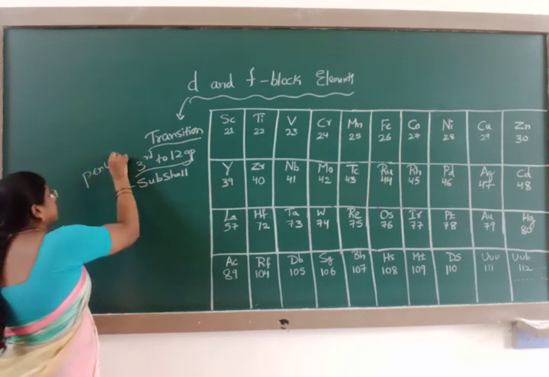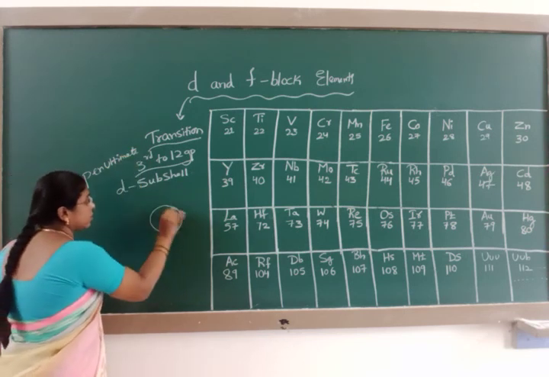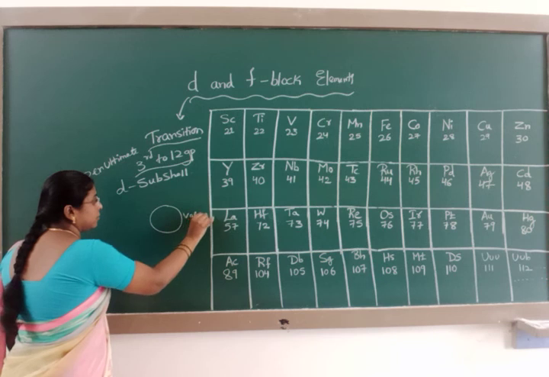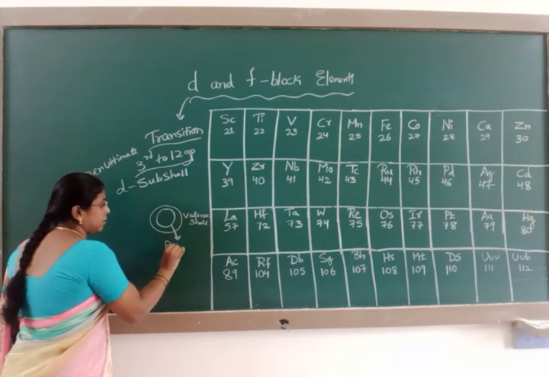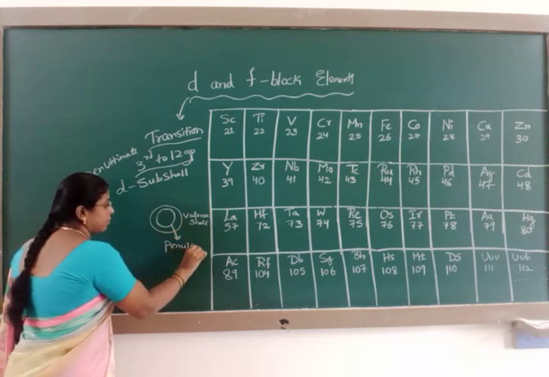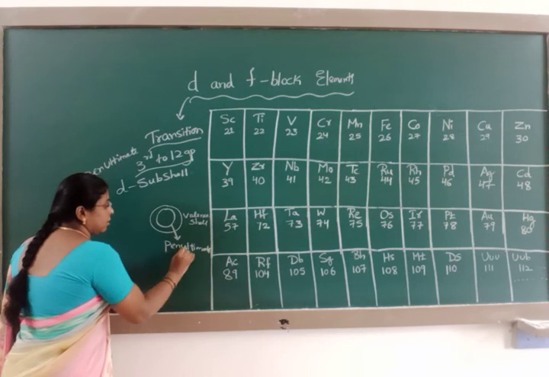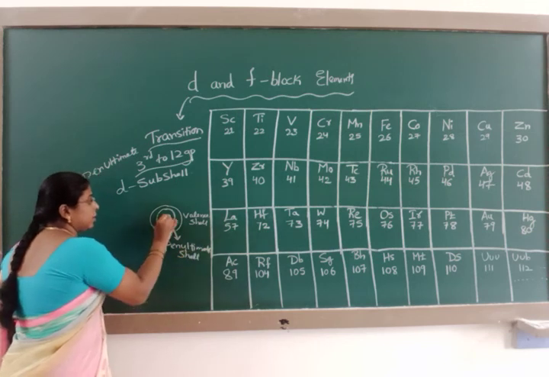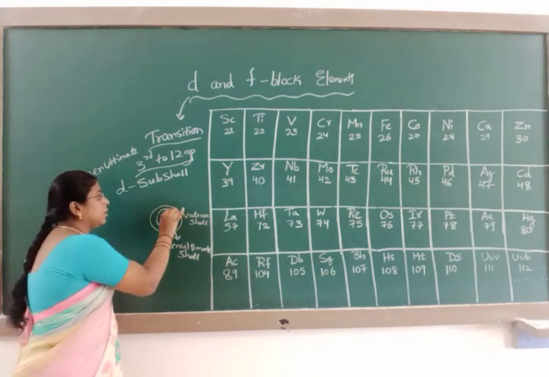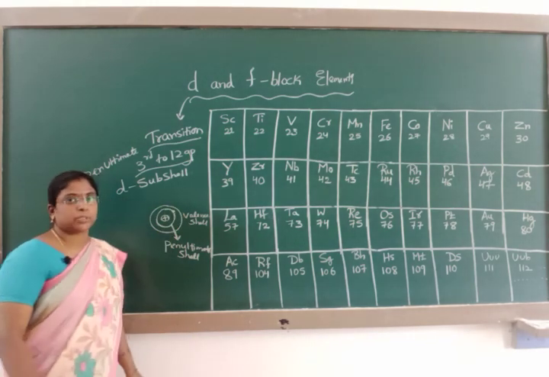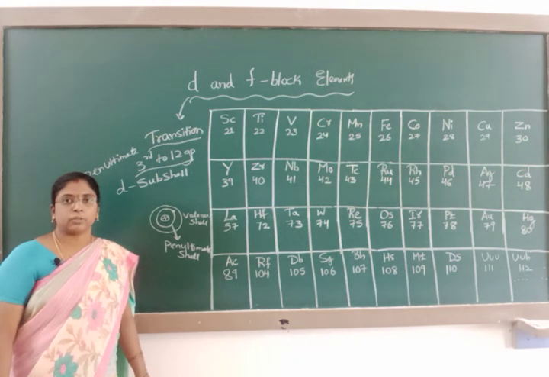What is this penultimate? You know that the outer shell is known as the valence shell. Just inner to the valence shell is known as the penultimate shell. So if the last electron enters into the penultimate D subshell, then the element belongs to D block.